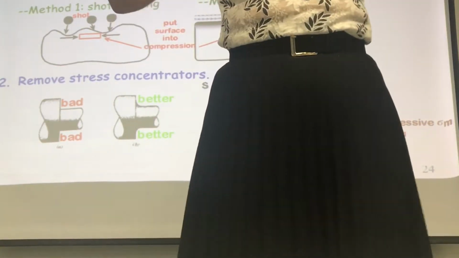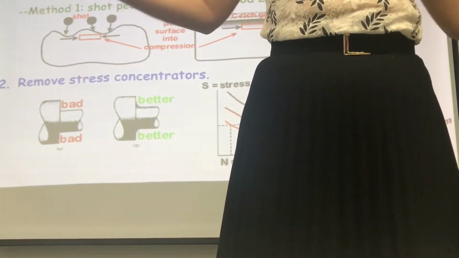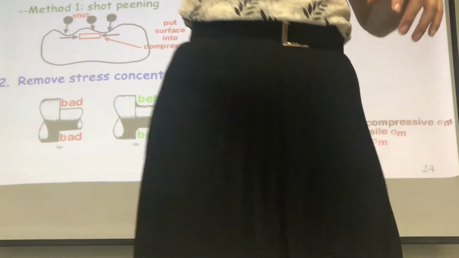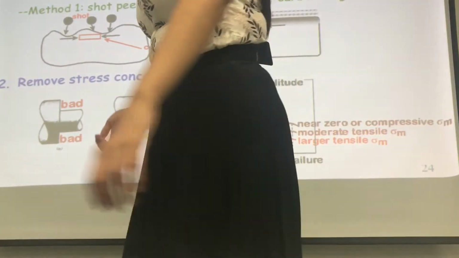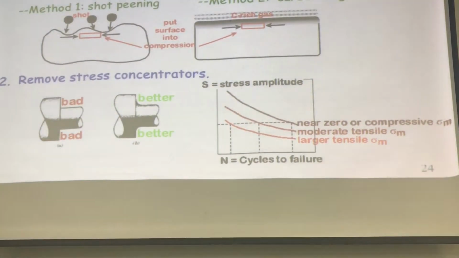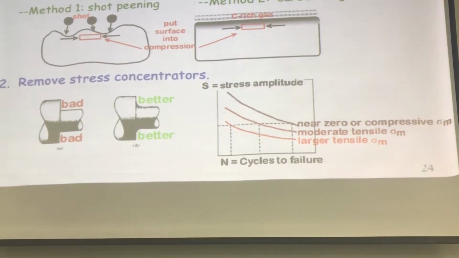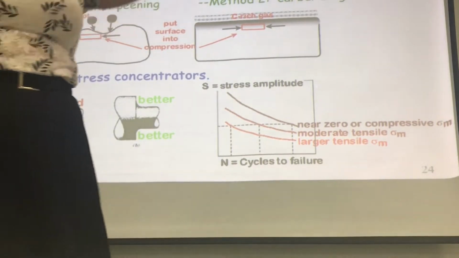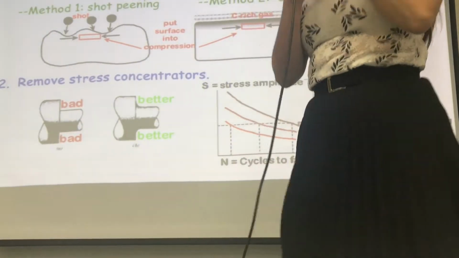Have you heard of the word sand blasting? This is the way to introduce compressive stress onto the surface of the material, and that is one of the ways to inhibit crack growth.